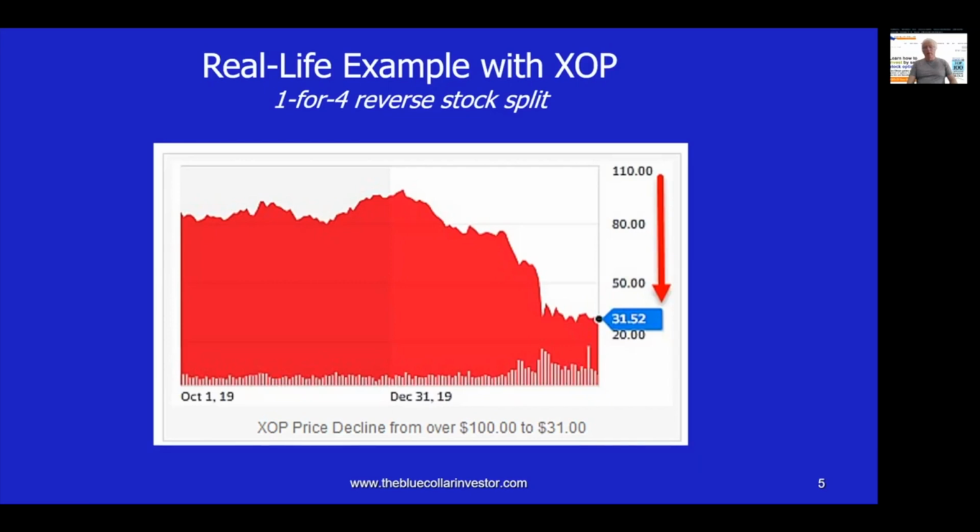What a precipitous decline. So the corporate board voted on a 1-for-4 reverse stock split, which will then quadruple the price of XOP, but decrease the number of shares. So in essence, the actual capitalization remains precisely the same. Once again, it's just a cosmetic change.